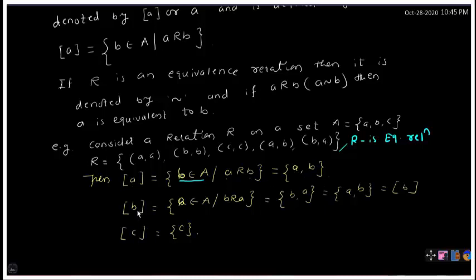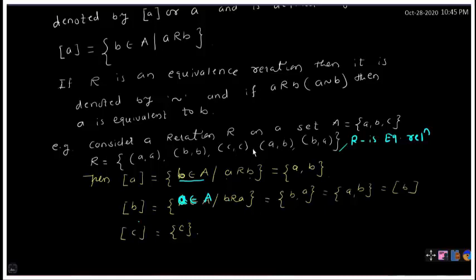What is the equivalence class of b? Equivalence class of b means a set of all elements a belonging to A for which b is R related to a. The elements which are related to b come under this equivalence class. So find out which elements are R related to b.